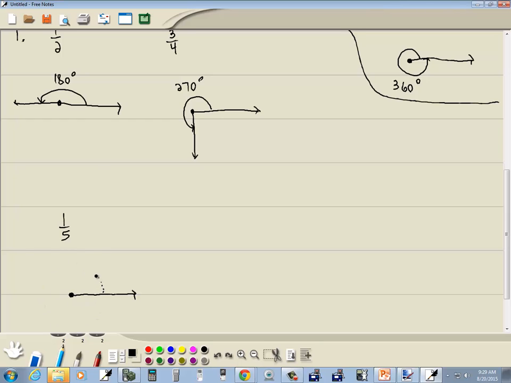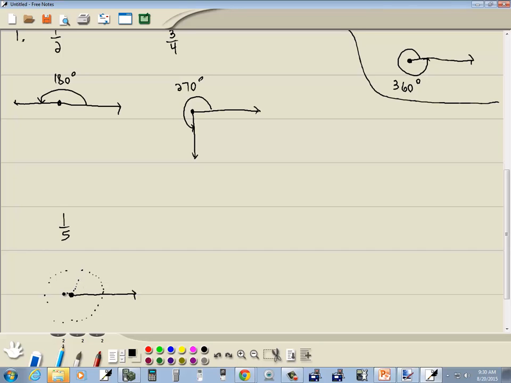Let's imagine a circle here, and you think about splitting that into fifths. You know, 1/2, that's easy. You can split it in 1/2. 3/4, you can split this into quarters, and then you get your 3/4 there. But 1/5, I'm going to try to eyeball this. Probably not going to be very good at it.